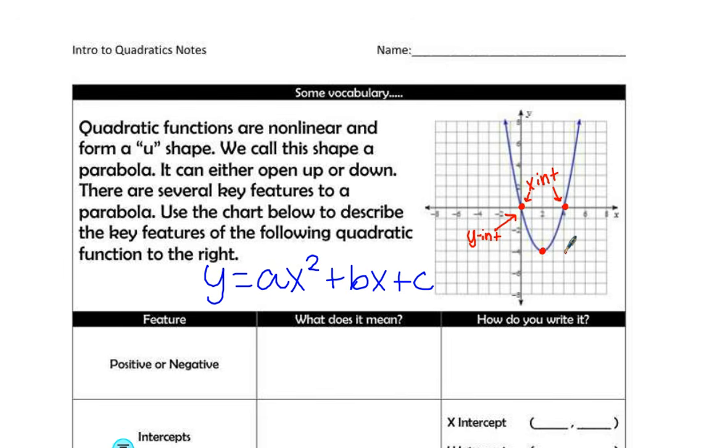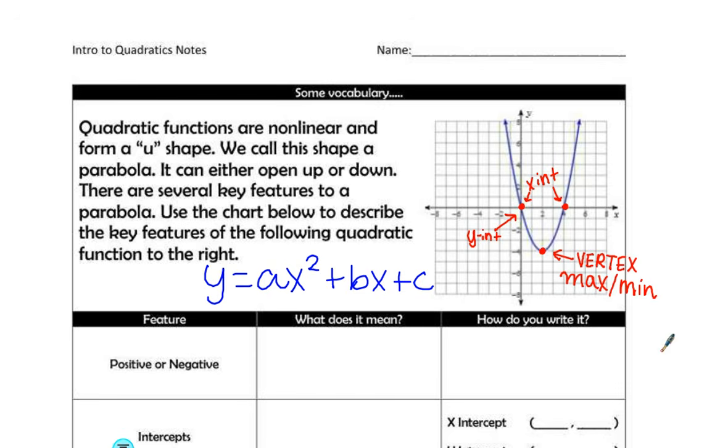This piece right here, we call this the vertex. Vertex. All right, and that's the turning point of your parabola. It's either going to be the highest point or the lowest point. So we describe it by calling it a maximum or a minimum.